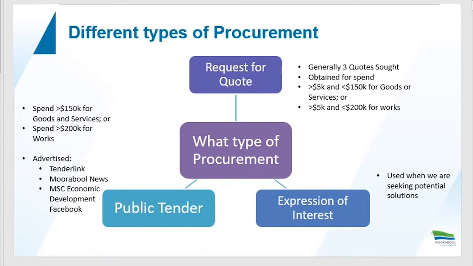Public tender is anything for goods and services over $150,000 or for works over $200,000, and all public tenders are advertised on Tenderlink, in the local Moorabool News printed media, and via the Moorabool Shire Council Economic Development Corp Facebook page.